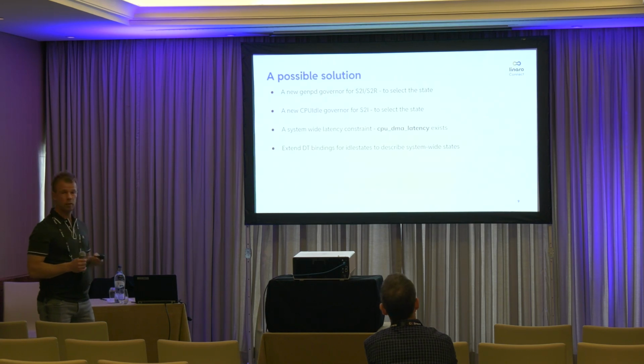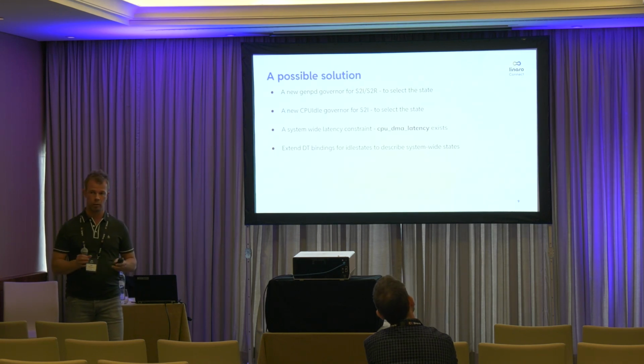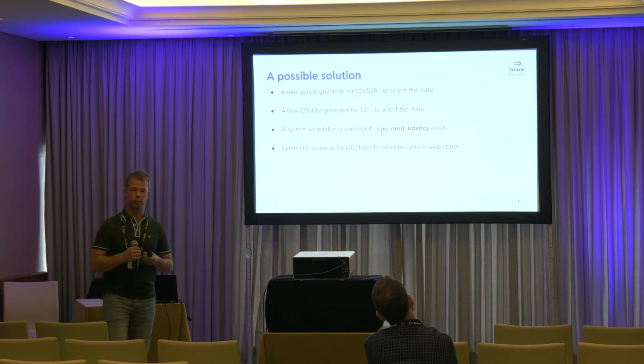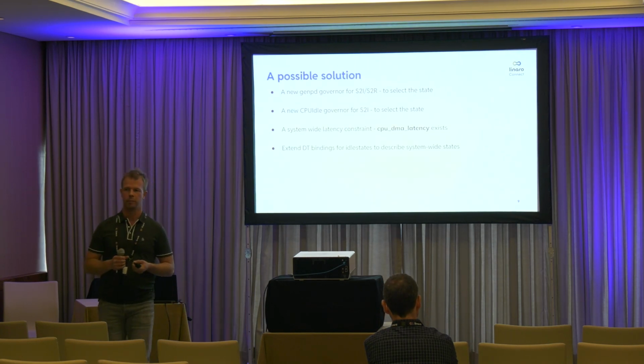The similar thing applies to CPU-idle. CPU-idle has governors already, but those are only used during the regular idle path. If we could have another governor that is used during suspend-to-idle, that could help.